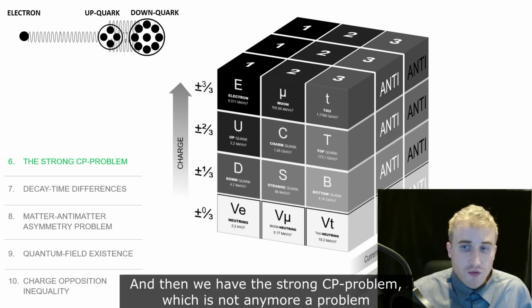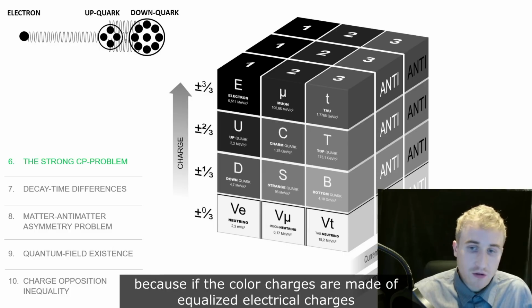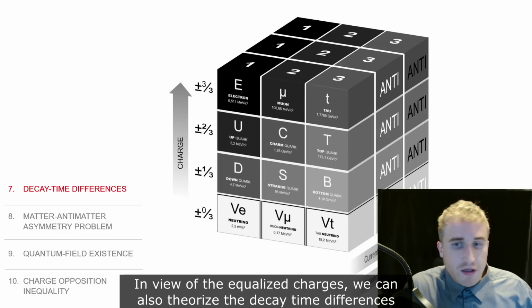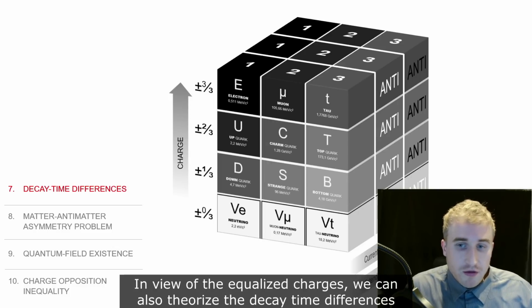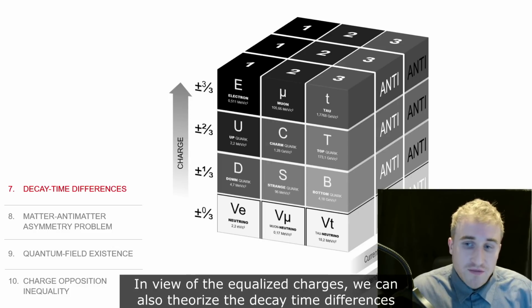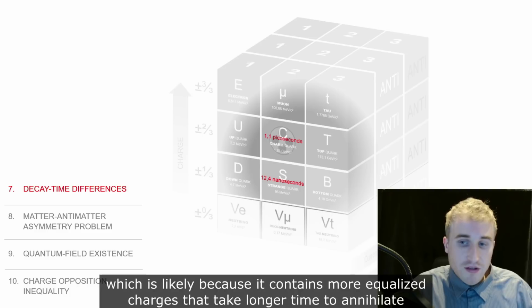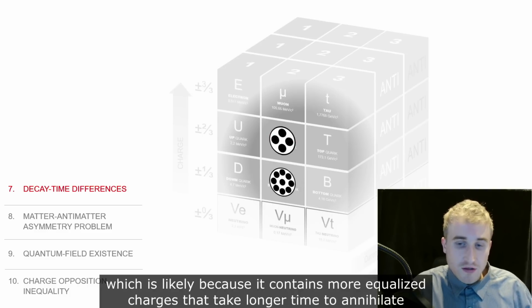And then we have the strong CP problem, which is not anymore a problem, because if the color charges are made of equalized electrical charges, that explains why they behave that way and follow CP, which stands for charge parity. In view of the equalized charges, we can also theorize the decay time differences. For example, a strange quark has a lifetime that is about 10,000 times as long as the charm quark, which is likely because it contains more equalized charges that take longer time to annihilate.